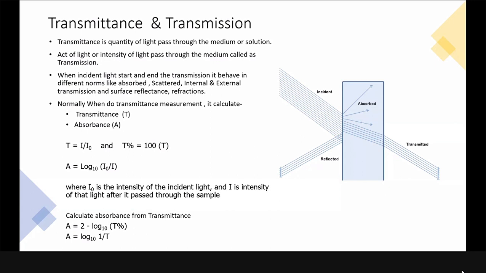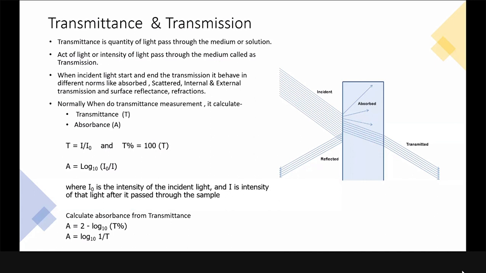To understand it in a simple way, we can see the picture in our presentation. Here we can see multiple blue lines coming in as the total energy, or maybe incident light. When it touches the surface of an object, it could be a plastic chip or maybe a solution or fluid, immediately some of the light gets absorbed, some gets reflected, and you can see some of the beam also gets a little bent. It is because of the refractive index, and then some of the energy gets transmitted.